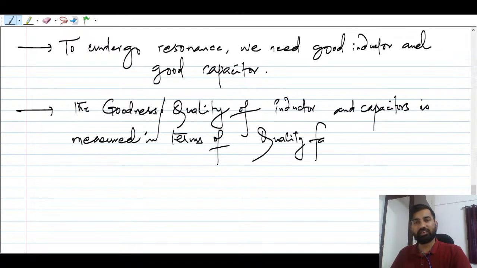This is the reason we study quality factor, because we need a good inductor and a good capacitor. So quality factor will describe the storage elements, whether they are good or bad, right? So the goodness or quality of the inductor and the capacitor is measured in terms of quality factor.